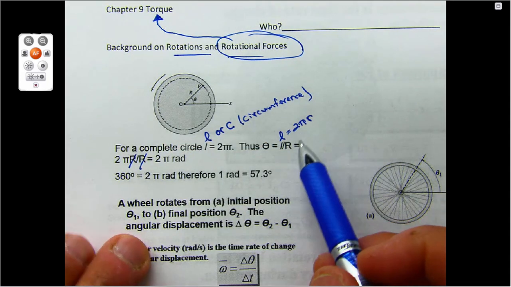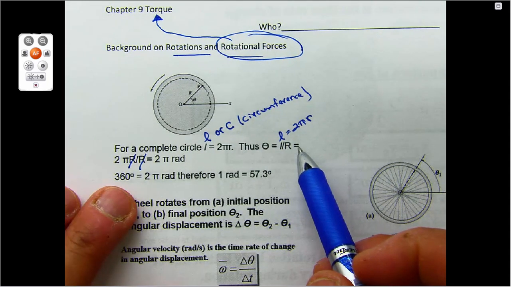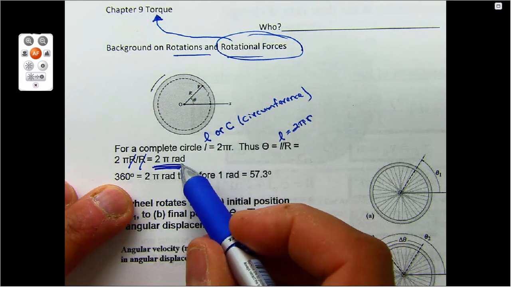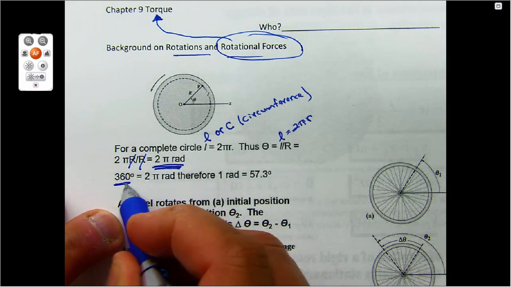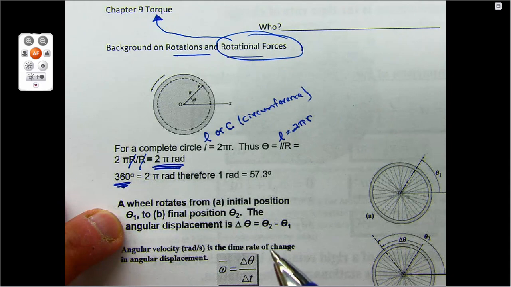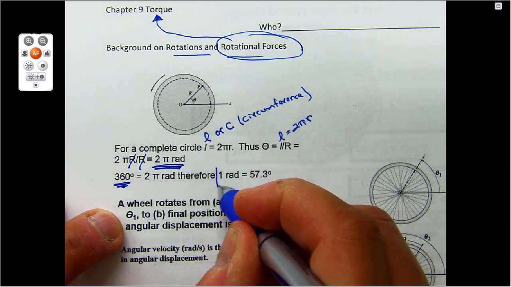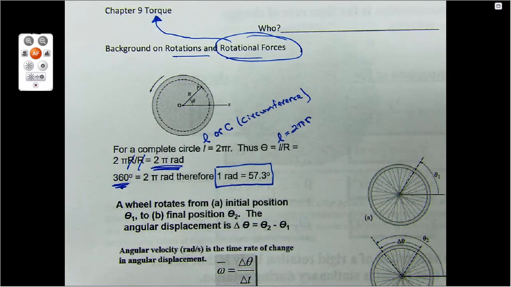The book uses big R. I'm using little r. Same thing. So if you go all the way around once, that's 2 pi radians, right? All the way around once, 2 pi radians. Well, we know that's 360 degrees to go all the way around. So 360 divided by 2 pi, 1 radian would be 57.3 degrees.